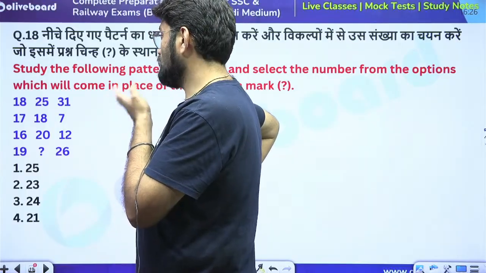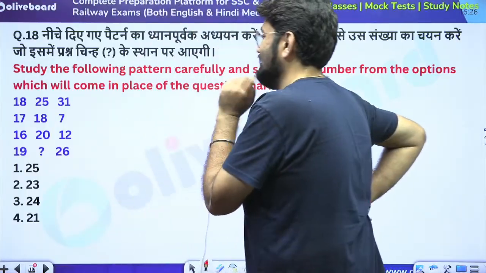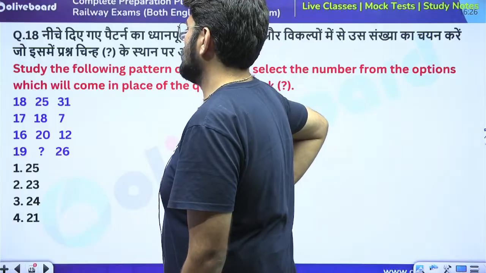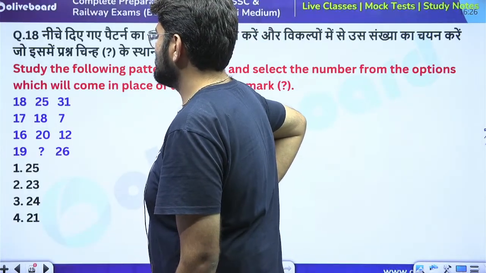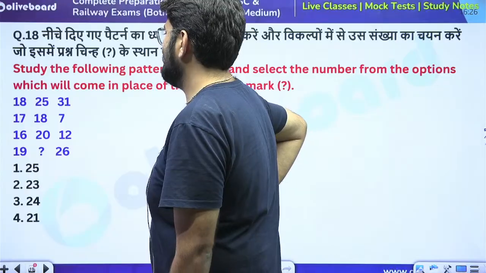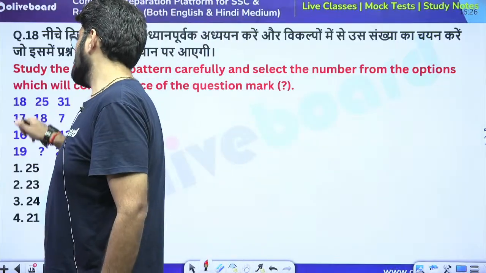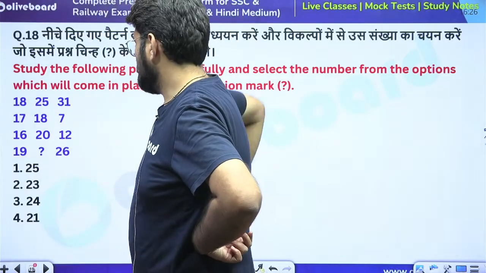Oh no, sorry. 17 into 3 is 51. Okay. No. That's not working out. That's not how it is. And if I add the other two numbers, 17, 18 is 35 divided by 5. That is never going to be divided by 5. Okay.